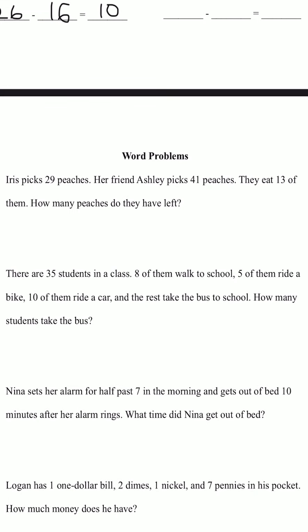Well, there are 35 students, right? So we have to add 8 plus 5. That is going to be 13. And then 5 of them ride a bike plus 5. So that's 8, and the 1 comes down. And 10 of them ride a car. 10.